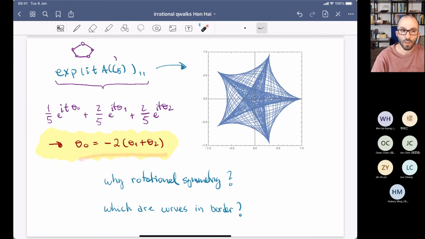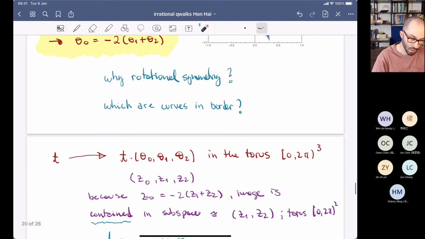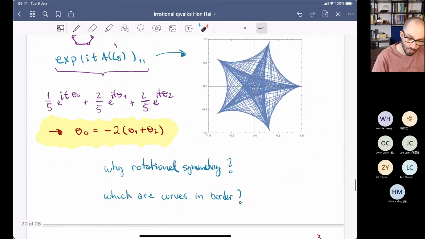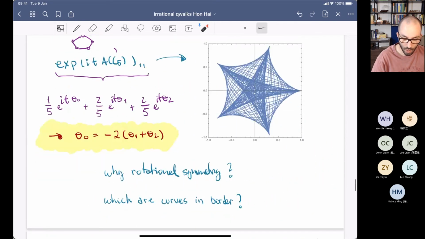And by recovering these expressions that relate one eigenvalue in terms of the others, we can very nicely describe these things. For example, we would like to answer questions such as, why do we have rotational symmetry, and which are these curves that you can see here, bordering these shaded regions?